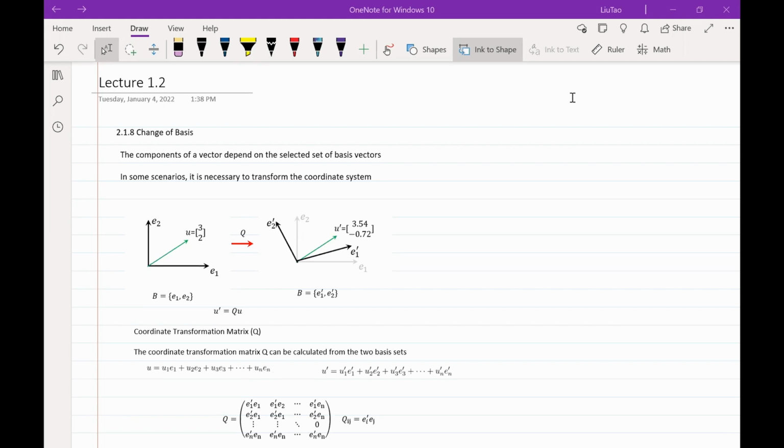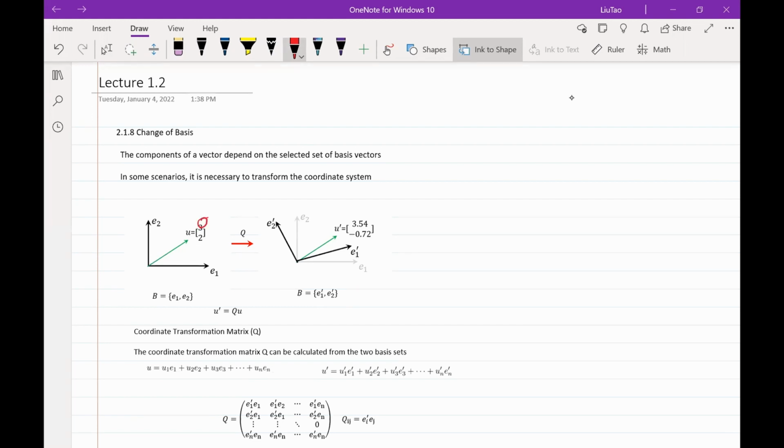So here we have an example. We have this green vector, and the same green vector, because we have two different bases, E1, E2, and E1 prime, E2 prime, will have two different component forms.